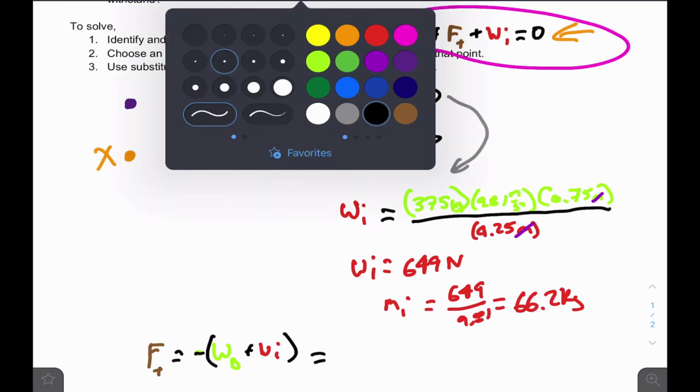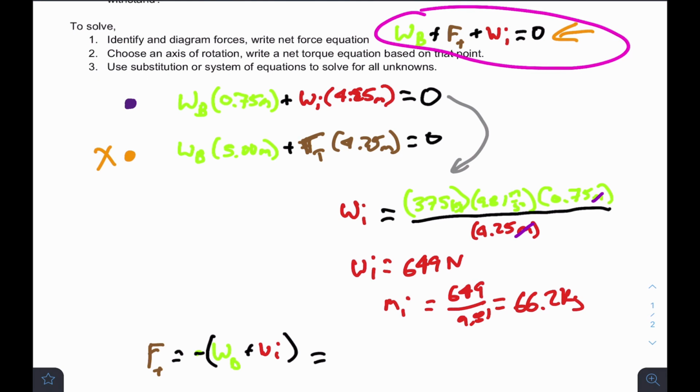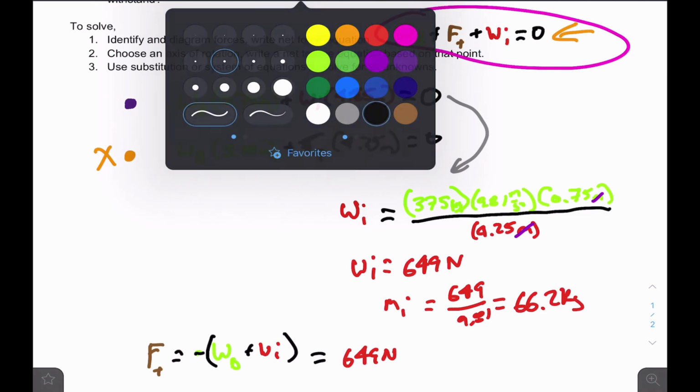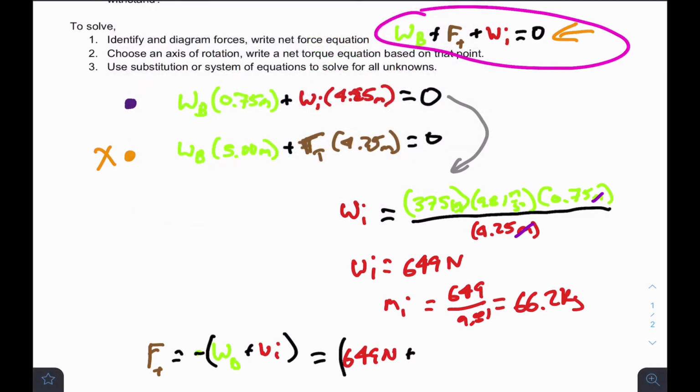But we can take 649 newtons plus, I guess I'll continue this trend here, the 375 times 9.81 is 3678, so 3680.